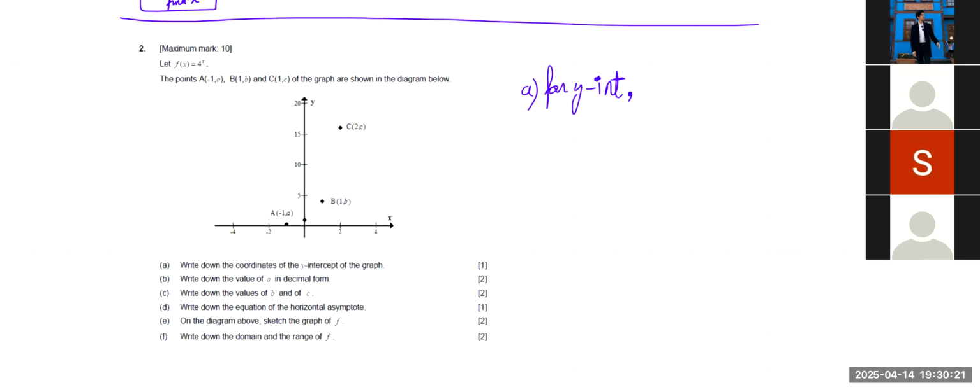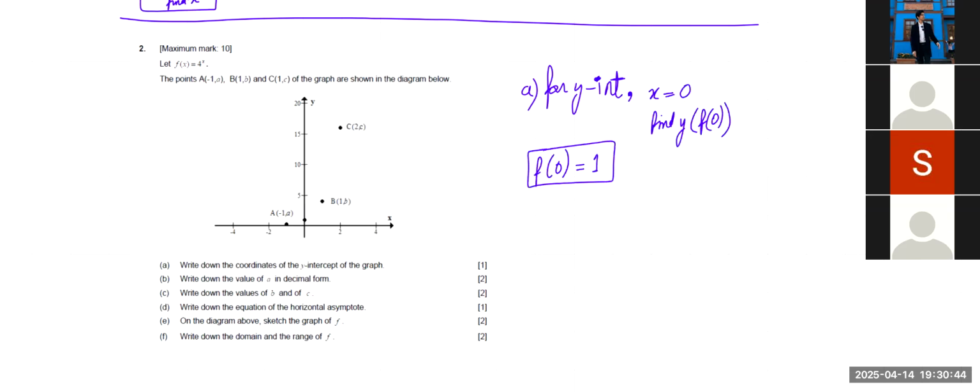If you plug in 0 for f of x, that's essentially you saying plug in 0 for y, because f of x is y. For the y-intercept, plug in x to be 0 and find y, which means the same thing as find f of 0. So f of 0 is obviously going to be 1. You don't even need to do the calculation, that's why it's 1. It's always going to be 1.